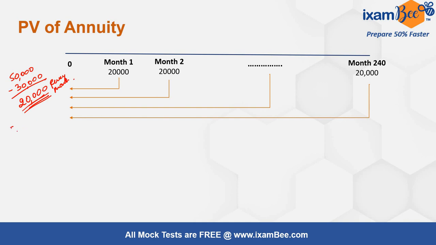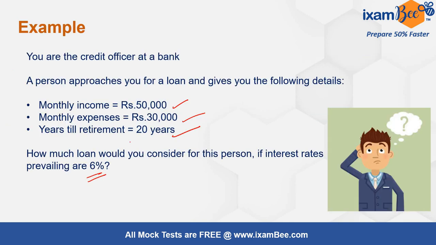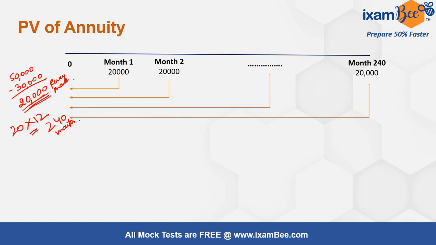He will be earning this money for 20 years, which means he will have 20,000 for 240 months. So we have to be careful in terms of what the information is. The retirement age is given in years, however his income and expenses are monthly. So I have to see how much he is earning on a monthly basis till his retirement. So he is going to earn for 240 months.